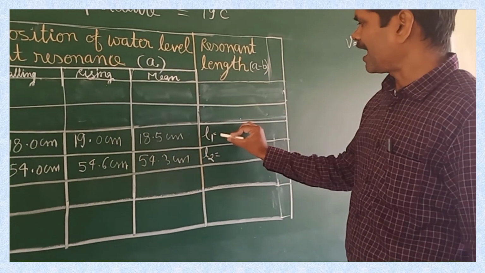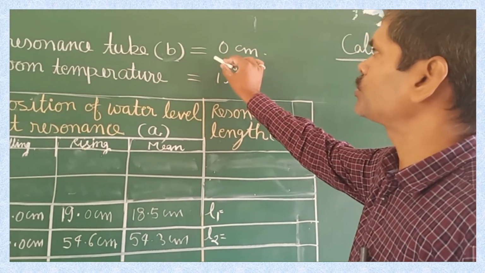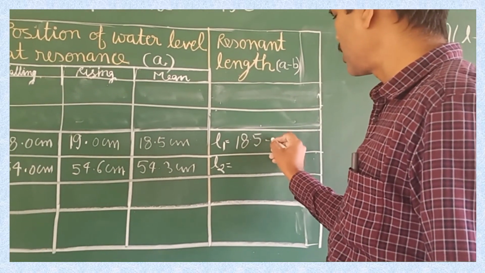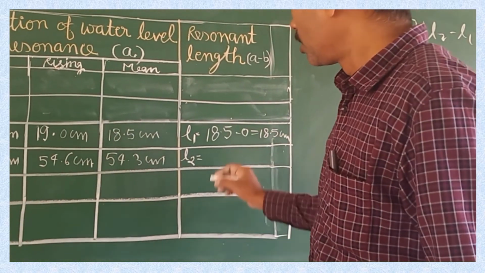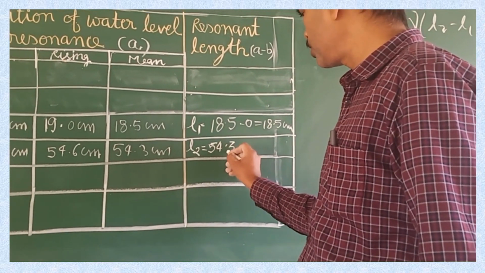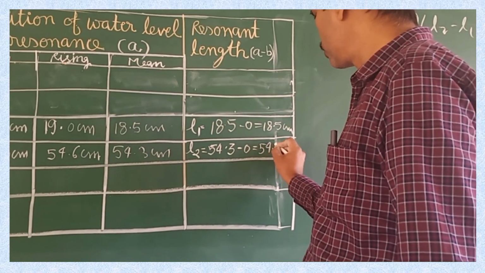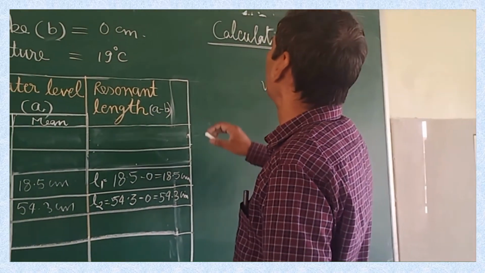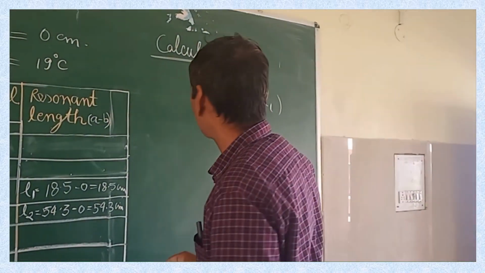Now find L1 and L2 by subtracting the position of the open end, that is, 18.5 minus 0 is equal to 18.5 centimeter, and 54.3 minus 0, this is 54.3 centimeter.